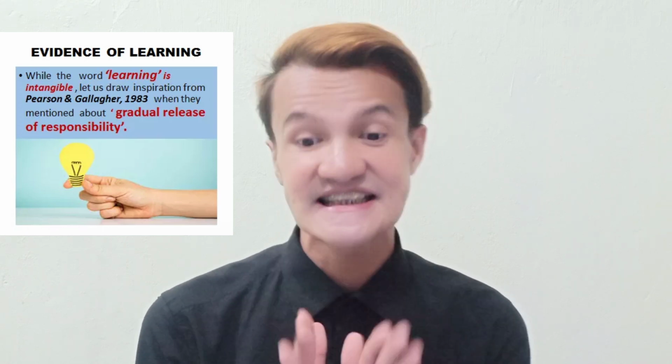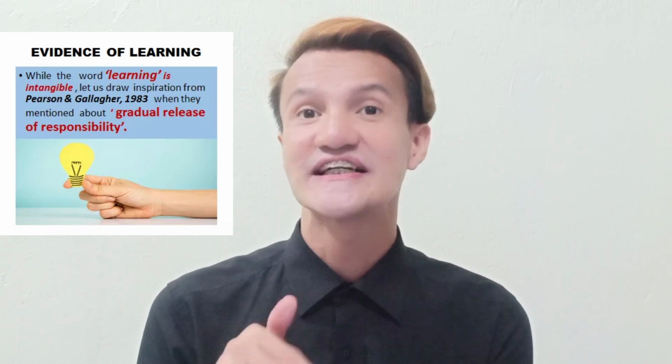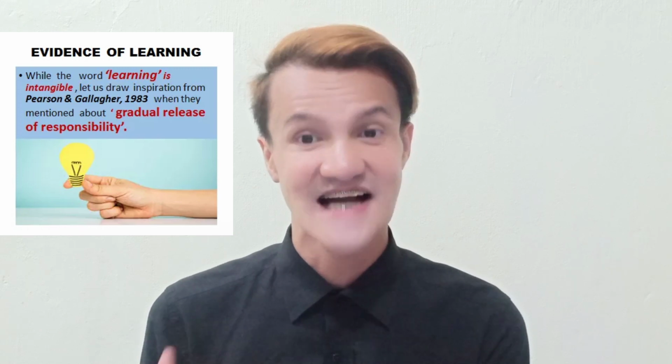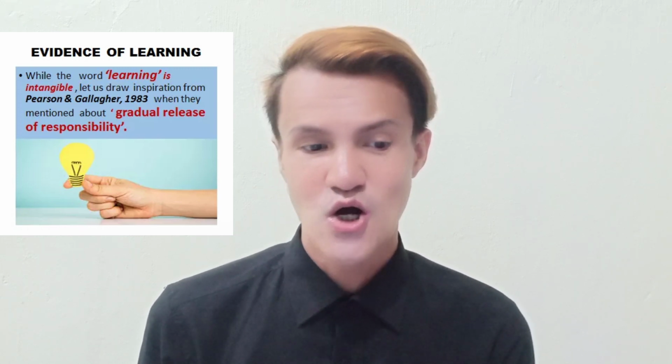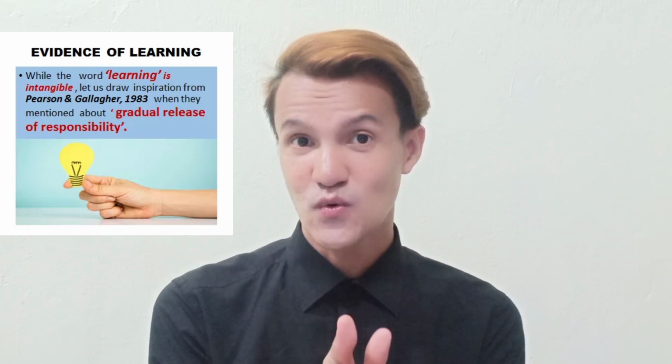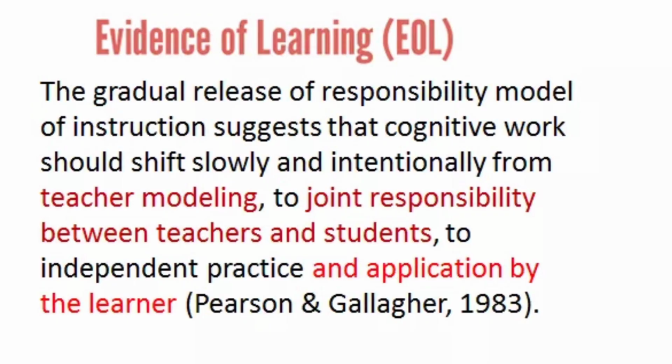Well, learning is intangible. Let us draw inspiration from Pearson and Gallagher in 1983 when they mentioned the gradual release of responsibility. Here's a soundbite about the gradual release of responsibility.